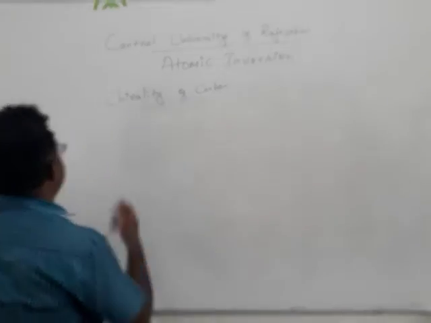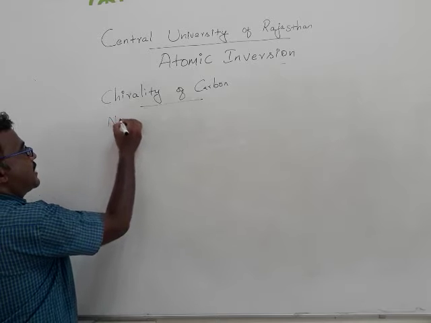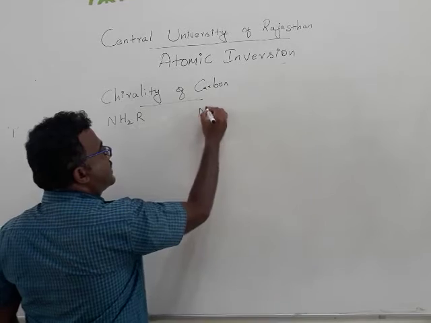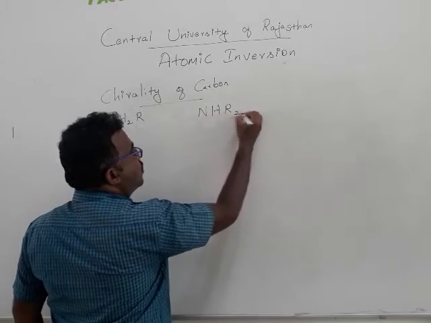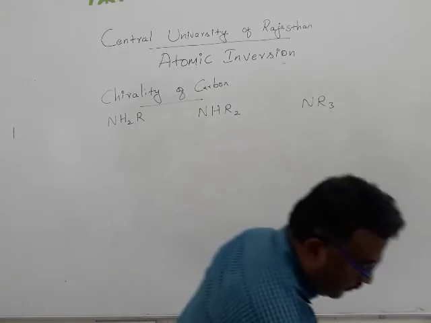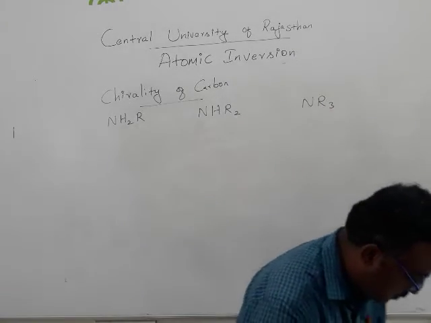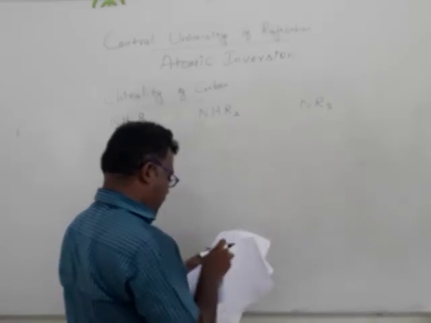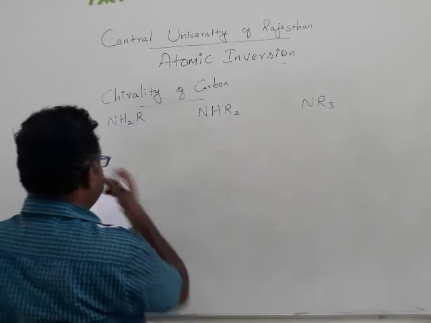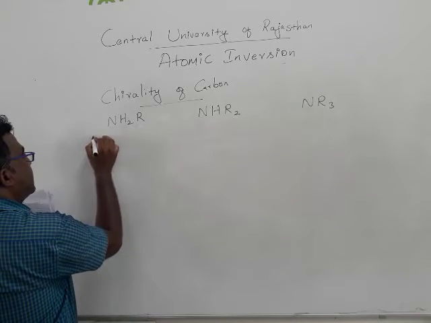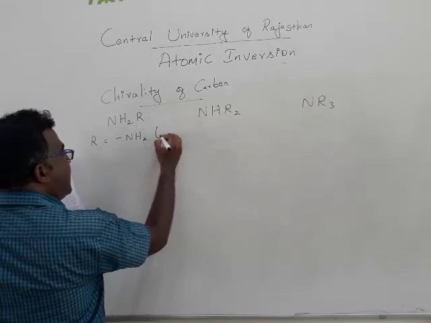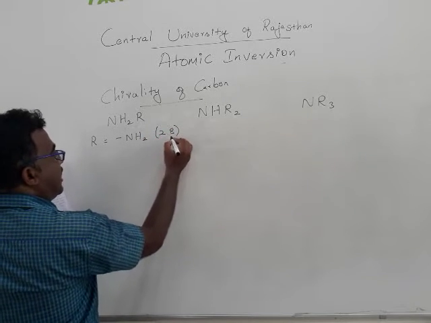First, let me take a derivative of NH2R. Next one is NHR2. The last one is NR3. If R is equal to NH2 group, then the inversion barrier is only 2.8 kilojoule per mole.